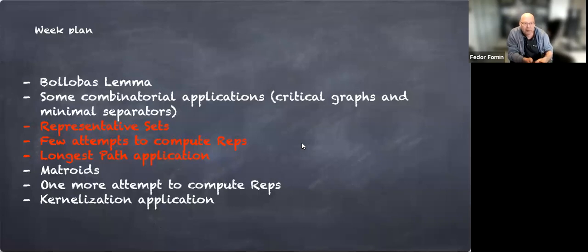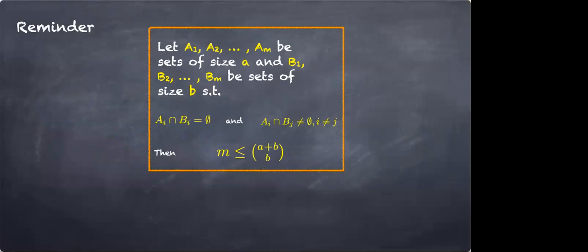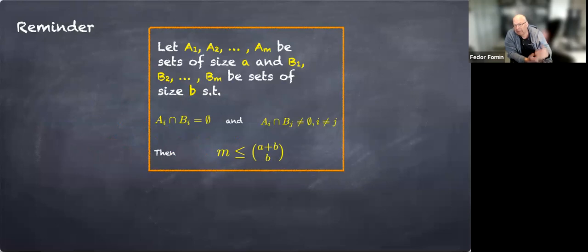Okay, so a reminder. Yesterday, the whole hour, I was speaking about Bollobás lemma, and this is the brief reminder. What is this lemma about? We have m sets A1, A2, ..., Am, all of the same size, and m sets B1, ..., Bm of size b, and these sets satisfy very specific conditions.